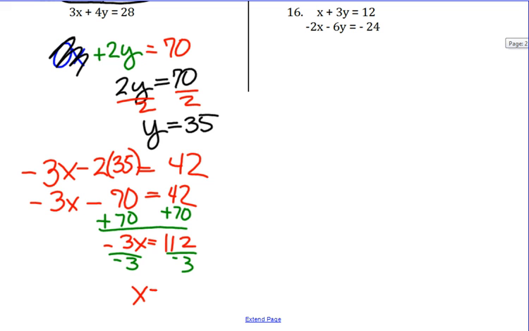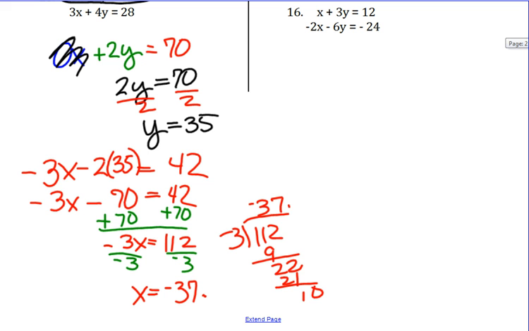Well, now x equals, this would be negative 3, I've got to do it this way, guys, sorry. We'll ignore the fact that we have 3, it'd be 9, 22, 7, and it would be 3, 9, 1, 0.3 repeating, so 37.3 repeating.